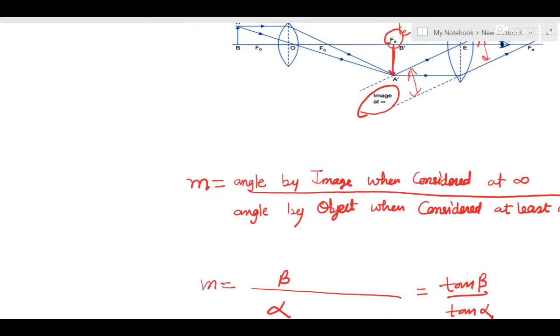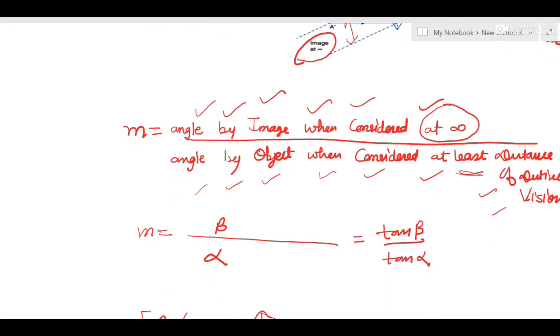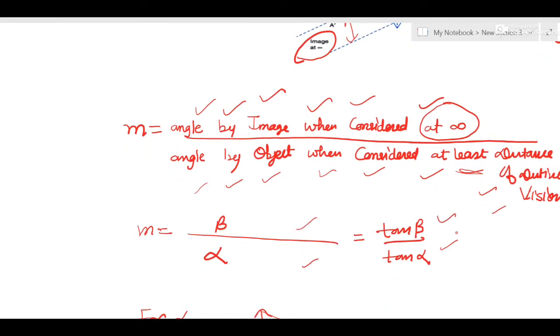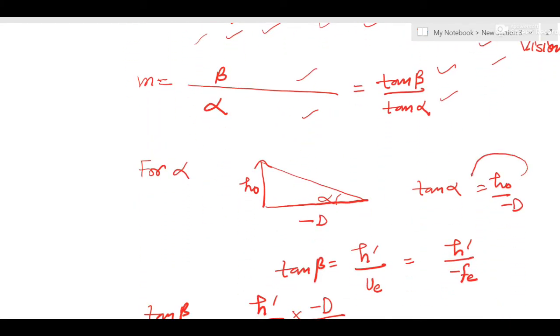Okay, so it is simple. Same angle by image, the upper one is the image when considered at, according to the case, it is infinity. Angle formed by object when considered at, so this is fixed, at least distance of distinct vision. Now beta alpha same, tangent beta tangent alpha. For alpha, the triangle is fixed already, so it is h naught by minus d.